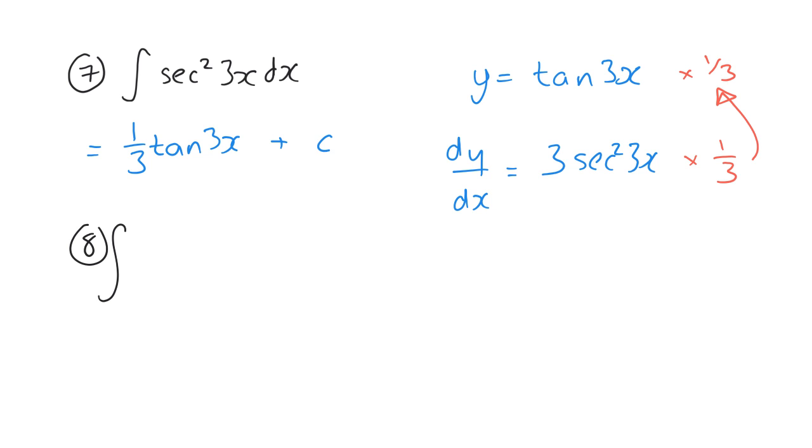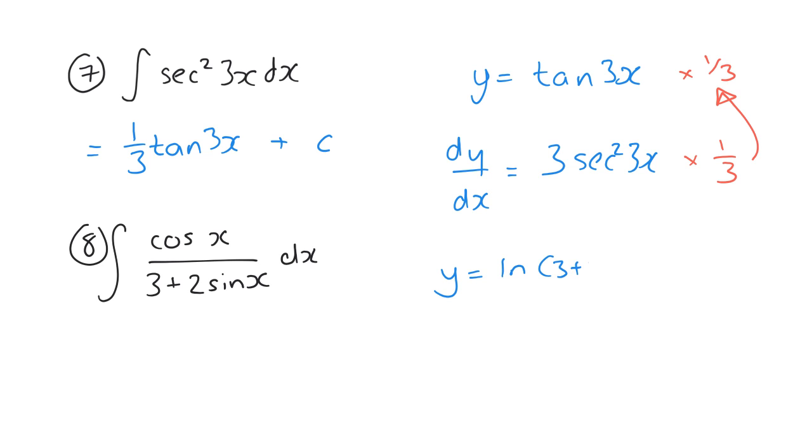Number 8, we're integrating cos x over 3 plus 2 sine x with respect to x. So it's a fraction here, there's no bracket with a power on it, so we're going to assume it's something to do with logs. So in that case, our guess is the log of the bottom.